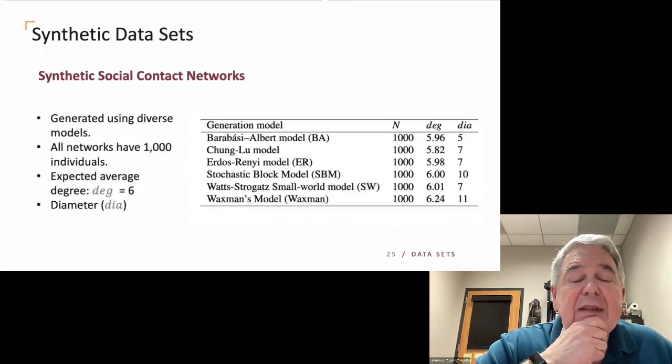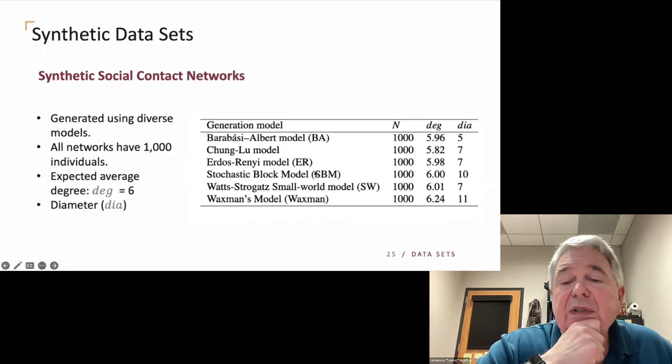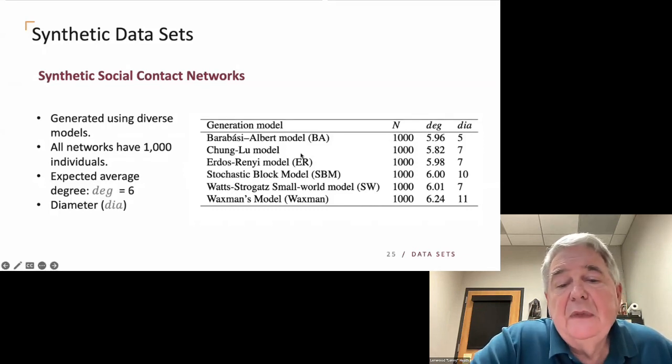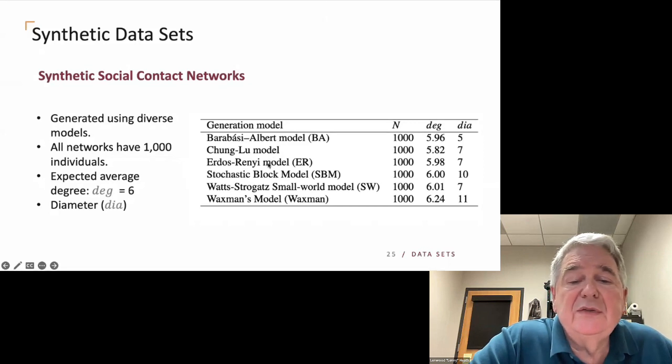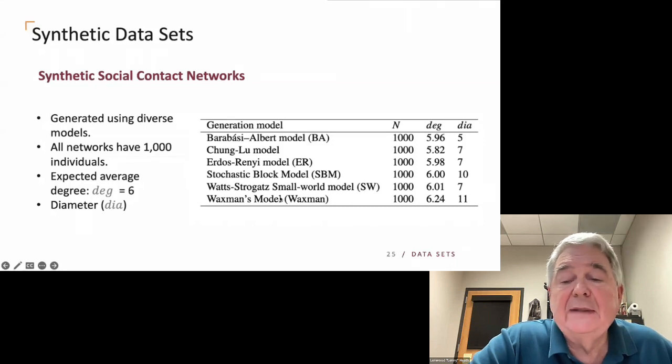Onto the data sets. There are synthetic data sets, for which we use some standard models: Barabasi-Albert, Chung-Lu, Erdős-Renyi, stochastic block model, and Watts-Strogatz. We also have another model, Waxman's, which I'll describe in a minute.